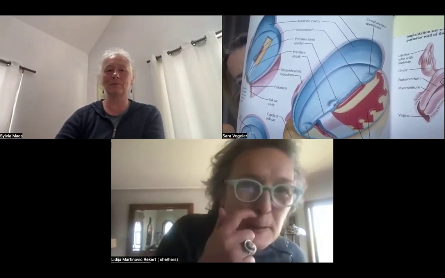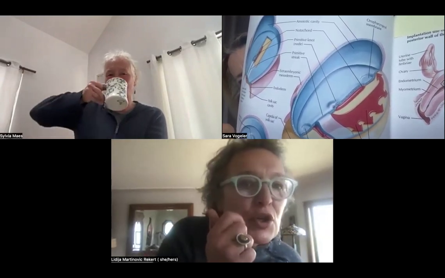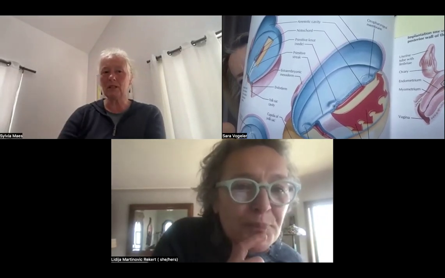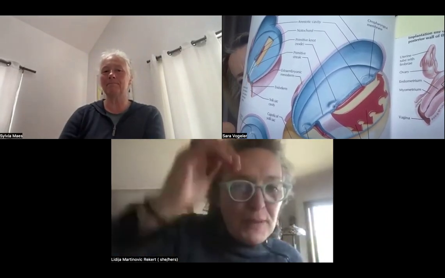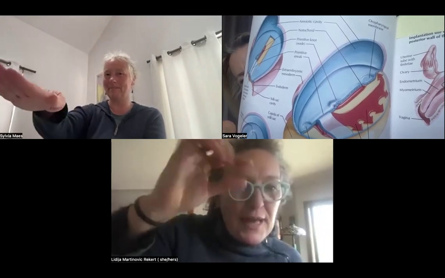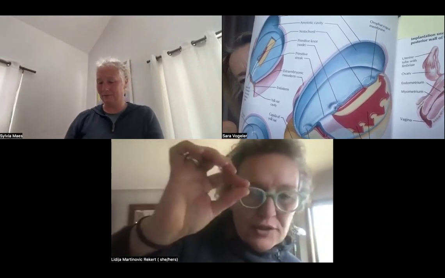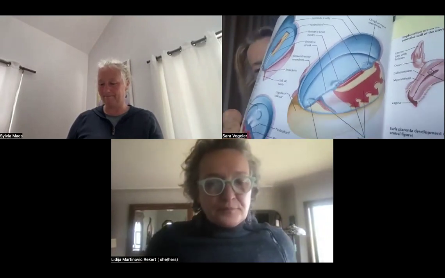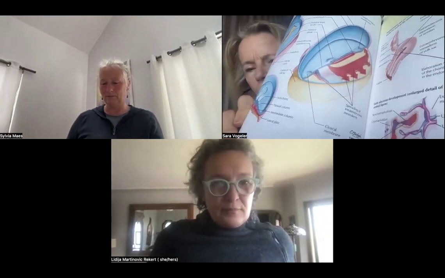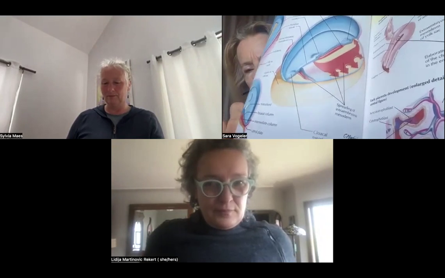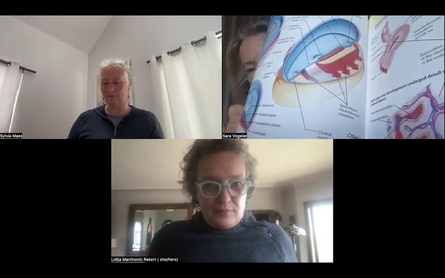Oh, I see. And it says primitive node. Okay, so that little bump is a primitive node. And at the bottom on his drawing, it's a connective stalk. Yes, he did not label it. We are a little ahead of the game there with the names.